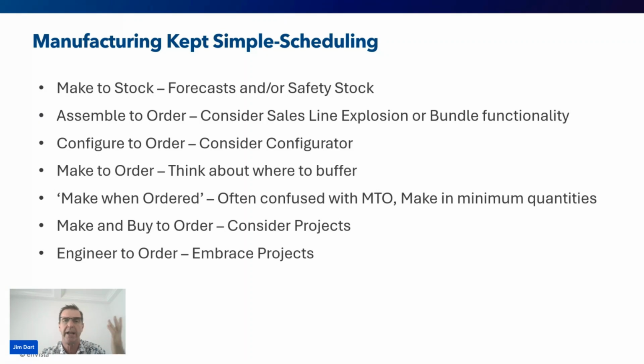You can't forecast and use safety stock for an engineer to order business. You need to use projects and track everything for the customer of that business. And so, starting at the top there, kind of looking down, not going to really read through all of that, but that's the important part of scheduling, is making sure that you're using the right functionality for the right manufacturing process.